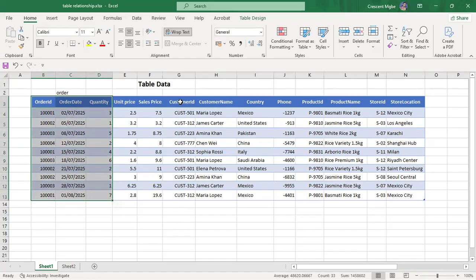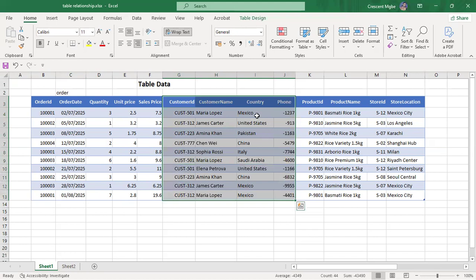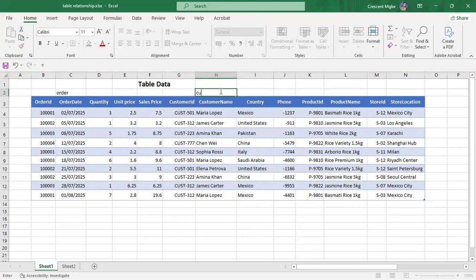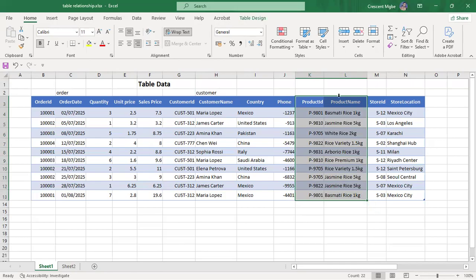Then this place talks about the customer name, country, phone number. So from here to here, it's talking about the customer. Then this place is talking about the product. This is the product name, the product that was bought.